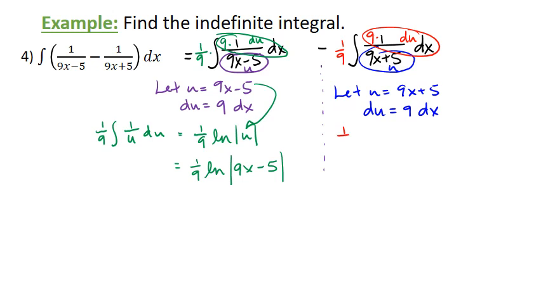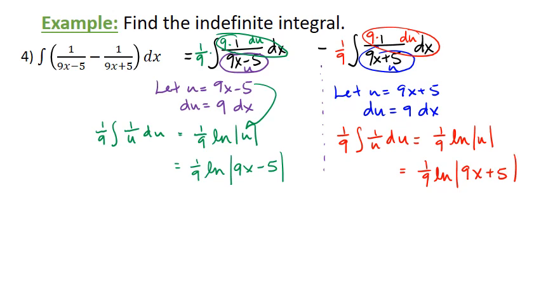So now I have 1/9 times the integral of 1 over u du, which is equal to 1/9 times the natural log of the absolute value of u. And this is 1/9 times the natural log of the absolute value of 9x plus 5.